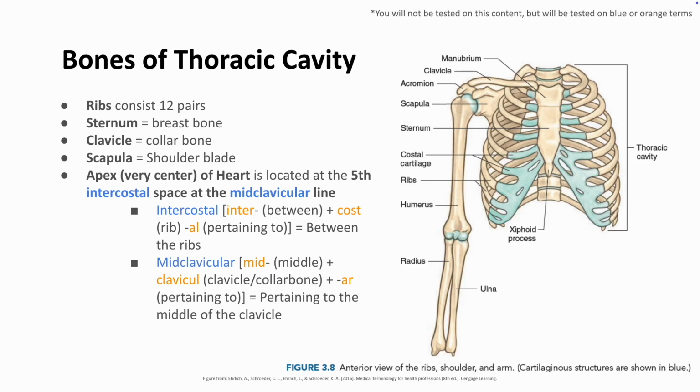That's where the center of the heart is for most people. Some people's hearts are a little shifted to the left or the right, but usually this is where the middle of the heart is.